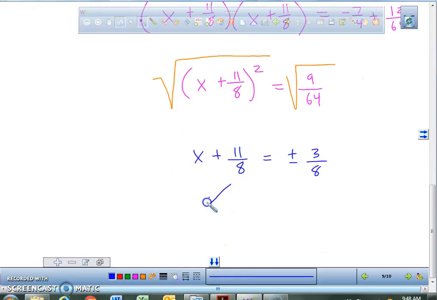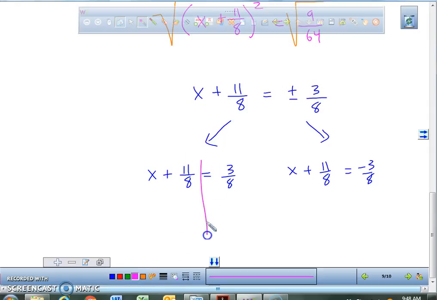Now is the only time that you're going to break it into 2 equations. Here are the equations you need to solve. X plus 11 over 8 equals a positive 3/8, and x plus 11 over 8 equals a negative 3/8. There's only one step you have to do all the way across the board.